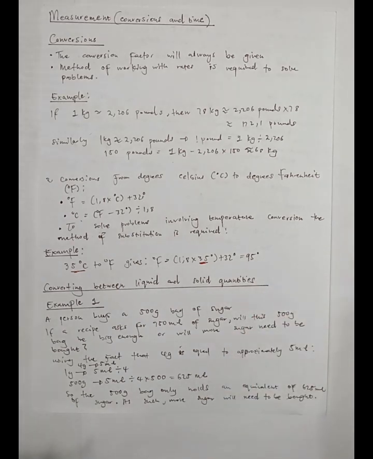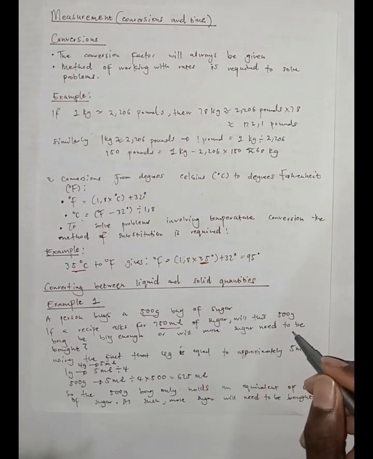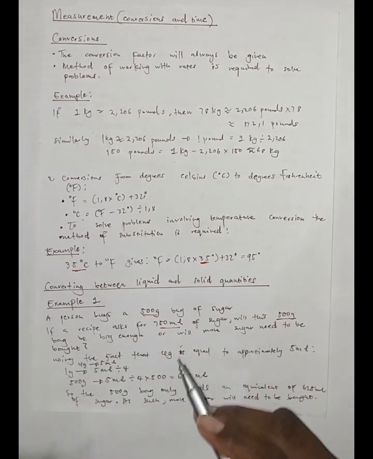Moving on, converting between liquid and solid quantities. We have the following example. A person buys a 500 gram bag of sugar. If a recipe asks for 750 milliliters of sugar, will this 500 gram bag be enough, or will more sugar need to be bought?